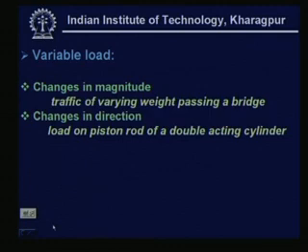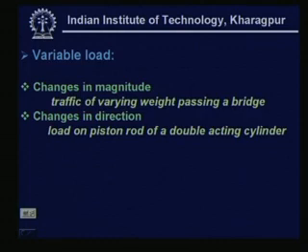Now, we consider the other situation, that is the variable load. What is the variable load? A variable load changes in magnitude, and it changes in direction too. We have given an example: traffic of varying weight passing a bridge.